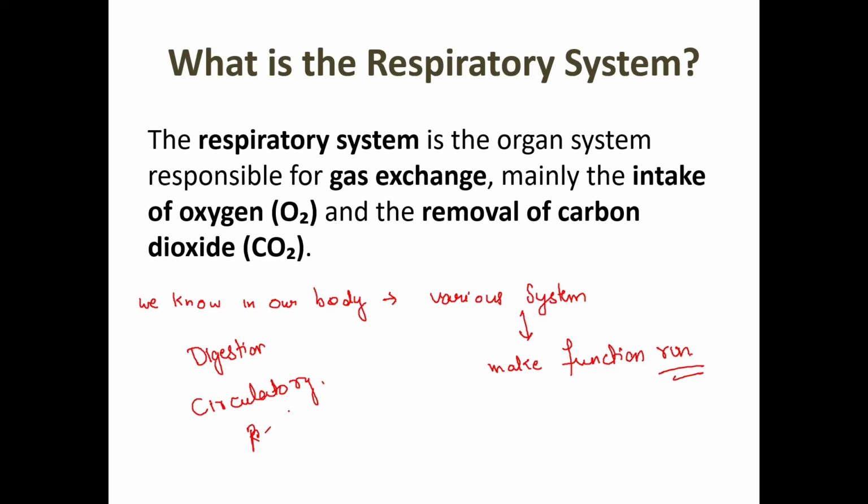The respiratory system is a system related to respiration and breathing. It is basically related to gas exchange and transport of oxygen in the blood. The respiratory system is a group of organs and tissues that help us breathe. It brings oxygen into our body and removes carbon dioxide, which is a waste gas made by cells.